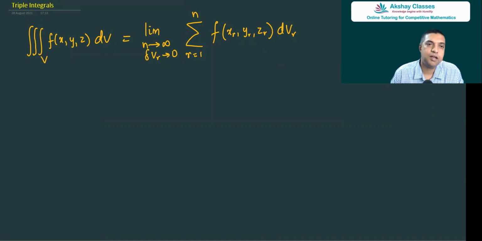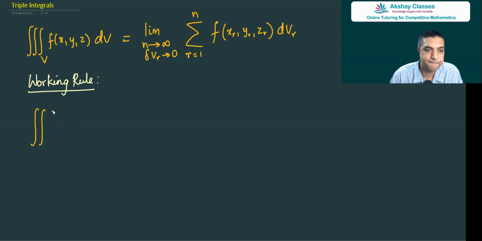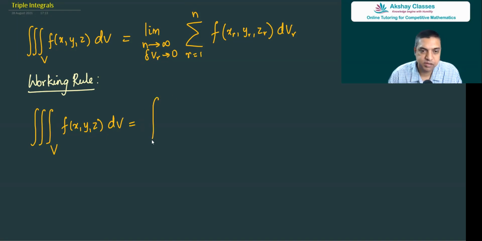So the working rule is this: the integral over volume of f of x comma y comma z dv will be equal to the integral of f of x comma y comma z.